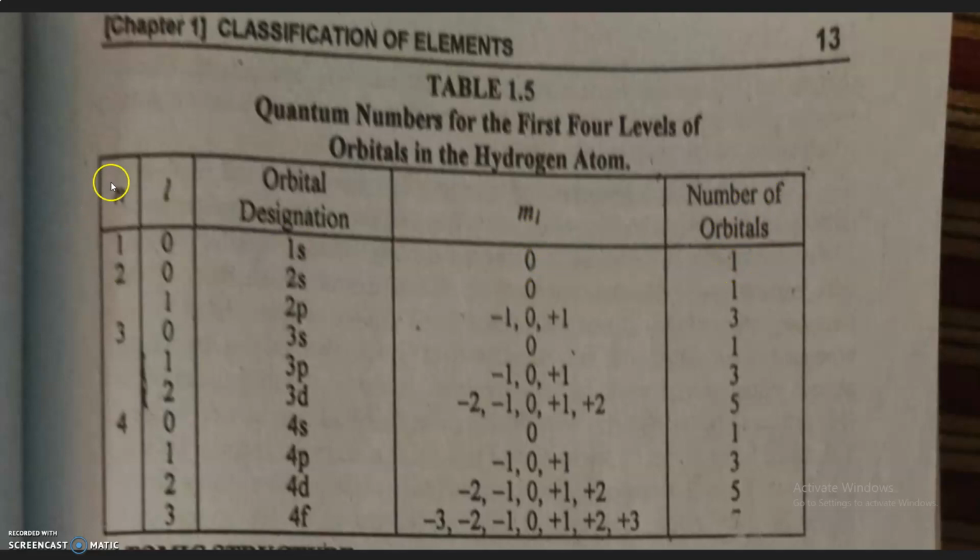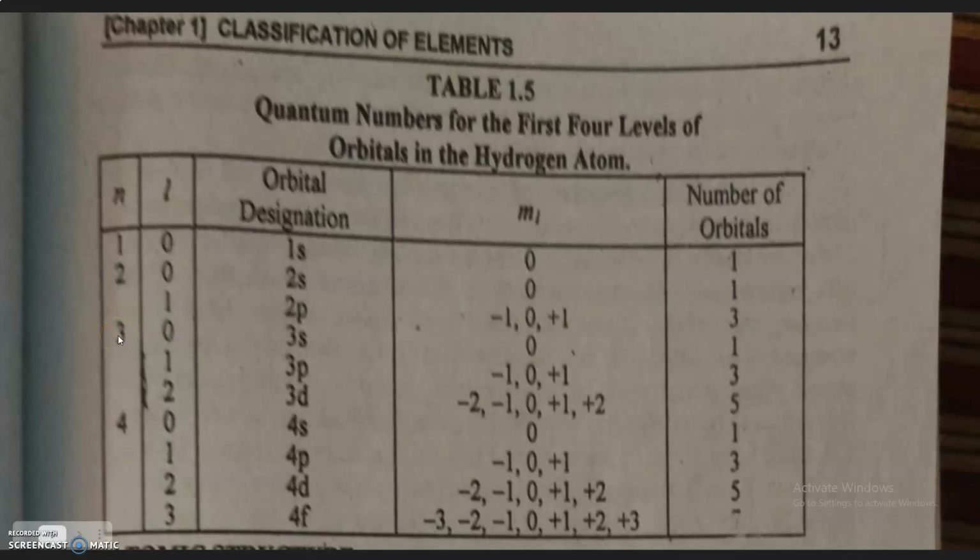If the principal quantum number is 2, the azimuthal quantum number is 2 minus 1, so it can have 0 and 1. The orbital designations will be 2s and 2p. The magnetic quantum number can be -1, 0 and +1, so there are a total of 3 possibilities.